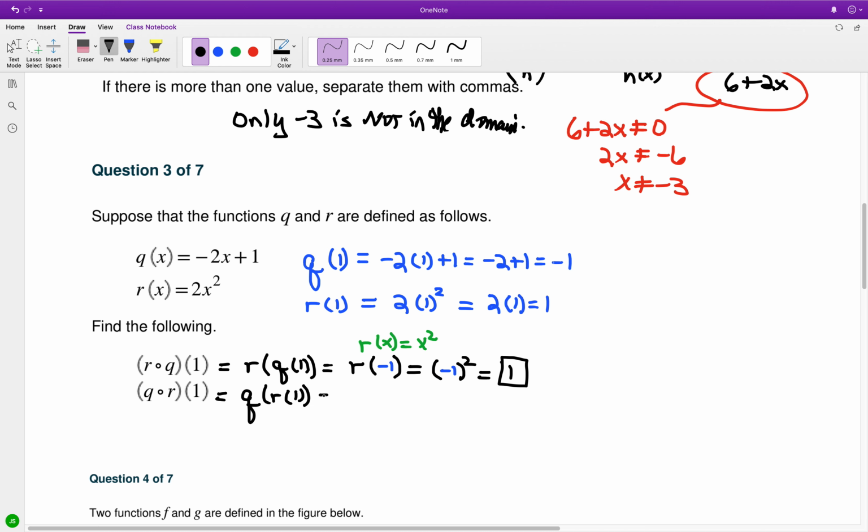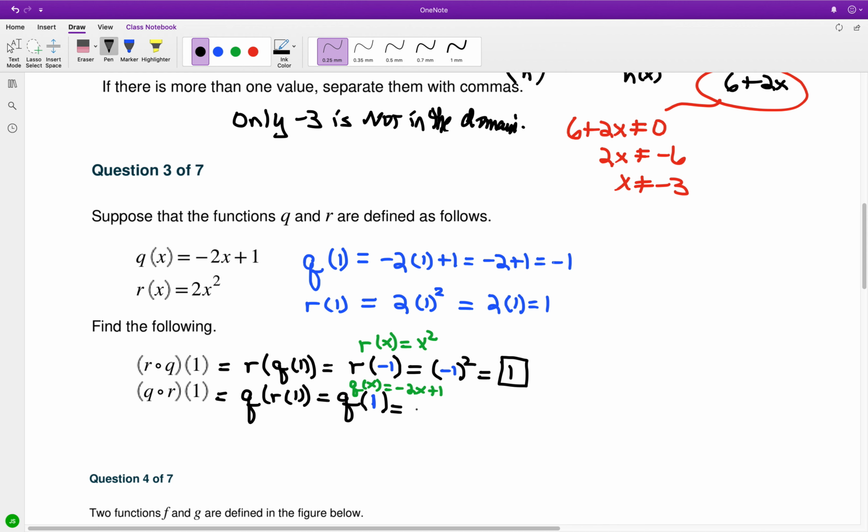Now, for q of r of 1, which results from taking q composed with r at x equal to 1, we have r of 1 is equal to positive 1. So I'm now looking at q of 1. We'll operate along the lines of q of x, so we got q of x is equal to negative 2x plus 1.